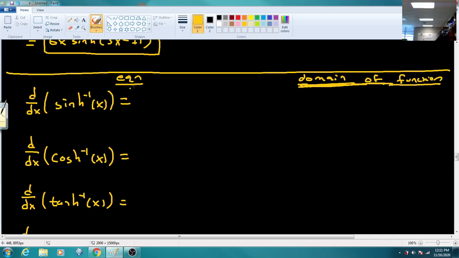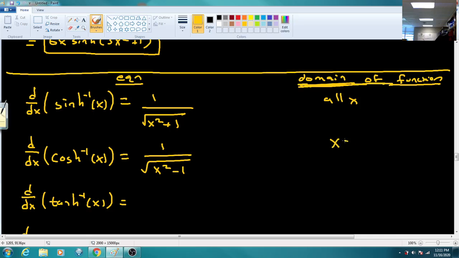So the equation of the derivative is 1 over square root of x squared plus 1. For cosine, it's 1 over the square root of x squared minus 1. Inverse hyperbolic sine has domain all x. Inverse hyperbolic cosine has domain x greater than 1.